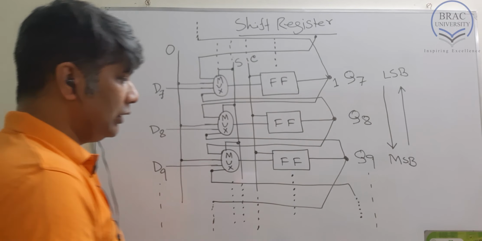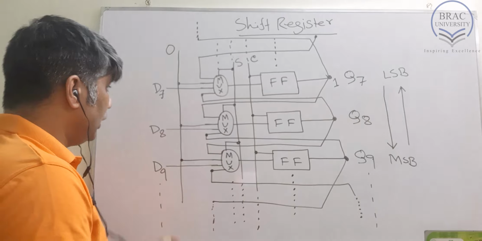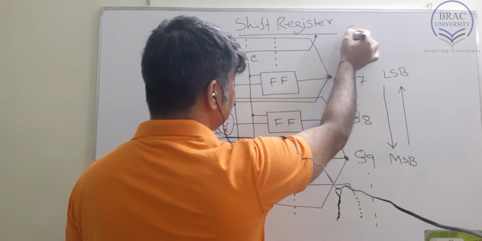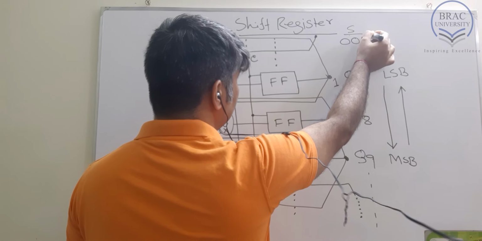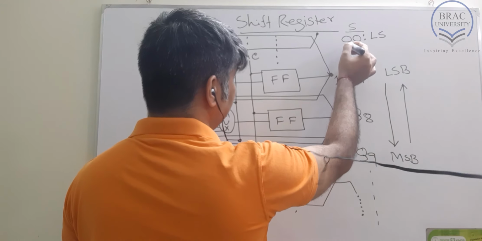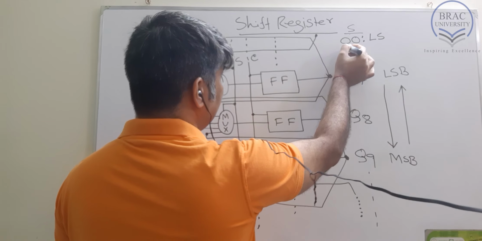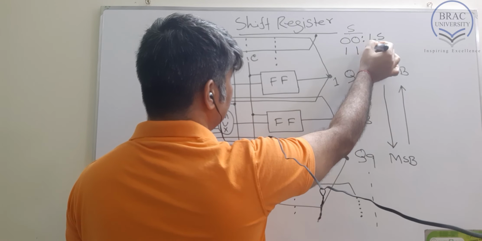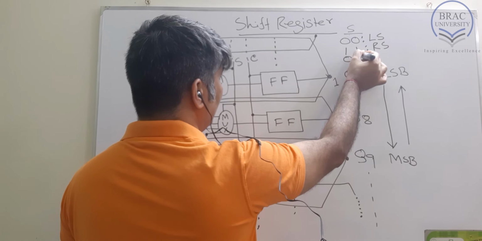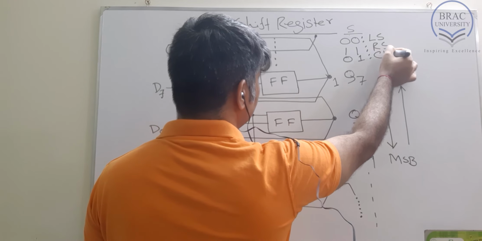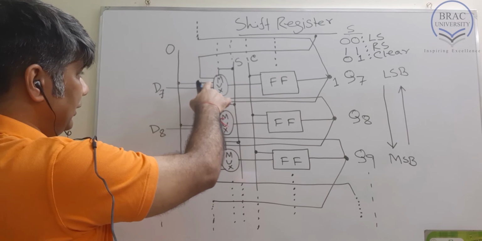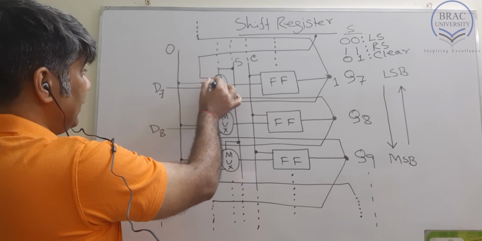Now the control signal would be something like this. When S is 00, this is a left shift operation. When S is 11, this is a right shift operation. When S is 01, you are clearing the register, because when this one gets selected, this link carries a value of 0.